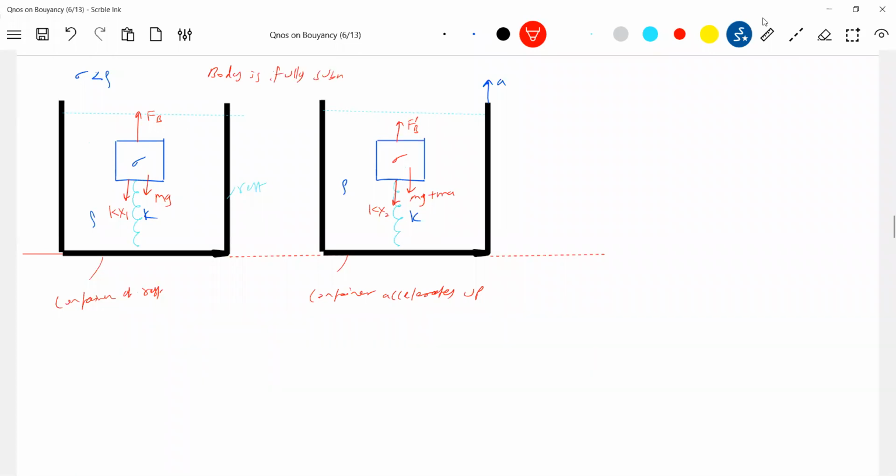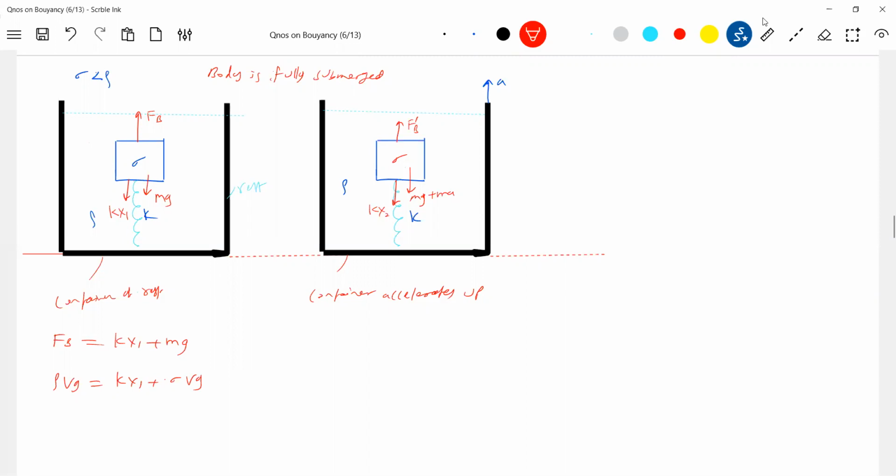Body is fully submerged. Okay, let's write, looking at this equation: Fb is equal to kx1 plus mg. Fully submerged, rho Vg is equal to, this will be sigma Vg. So where kx1 is there, we'll keep this equation in hand like this.